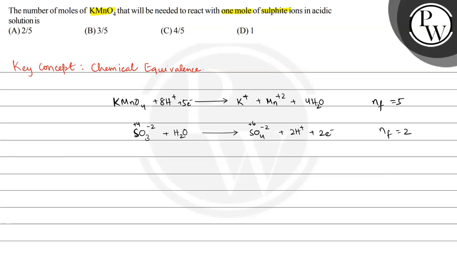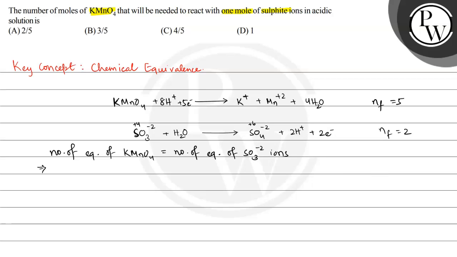Now जब हम KMnO4 को सल्फाइड आयंस के साथ रिएक्ट करवा रहे हैं, then the number of equivalents of KMnO4 is equal to number of equivalents of sulfite ions, that is SO3 minus 2 ions.